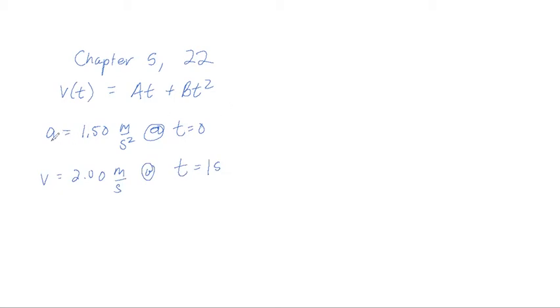I need A, so I need to solve for A. dv/dt is going to give me A, so I'm going to take the derivative there. So I'm going to get A plus 2Bt equals 1.50 meters per second squared. All right. I know t is 0, so that term is going to drop off. So A is going to equal 1.50 meters per second squared.